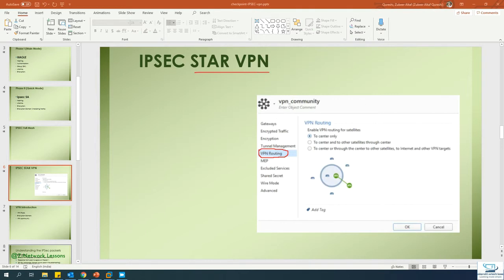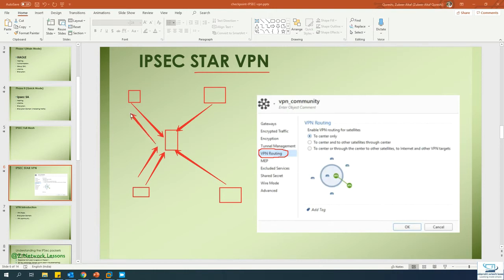Star is like what is shown in the picture: one central site, and then you have the branch sites around it. You have tunnels from there to the center. If you want to talk to another site, you have to go through the center.